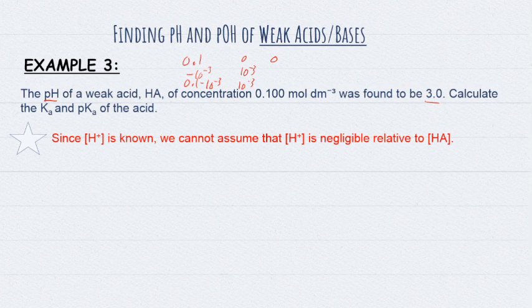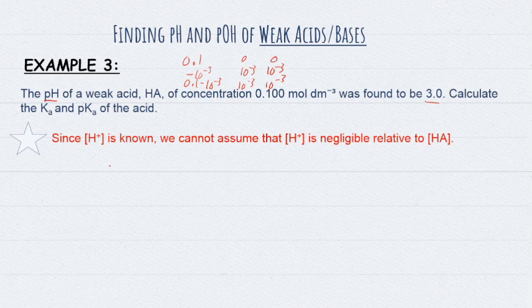Because we now know the value, we can use it. As such, this is where the ICE table still remains relevant and you still need to be careful of this. So long story short, you must be aware that you are making this assumption whenever you're finding pH and pOH of a weak acid and weak base, and when you know the H+, you cannot make that assumption anymore.